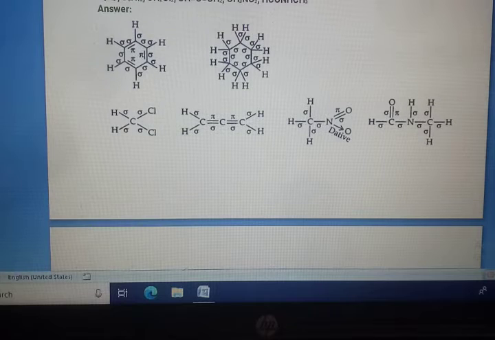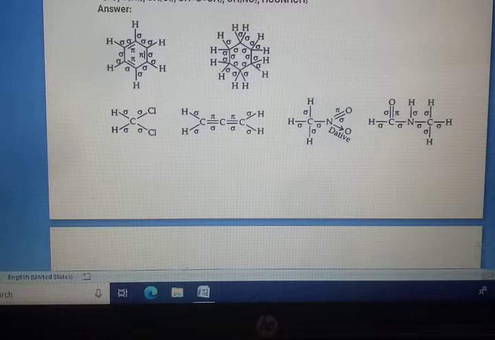So here you can see this is the structure of benzene. In benzene there are 3 double bonds between the carbons. So here you can see in the benzene 1 sigma, 1 pi, 1 sigma, 1 pi, 1 sigma, 1 pi, right? And the carbon hydrogen bonds will contain sigma bonds.